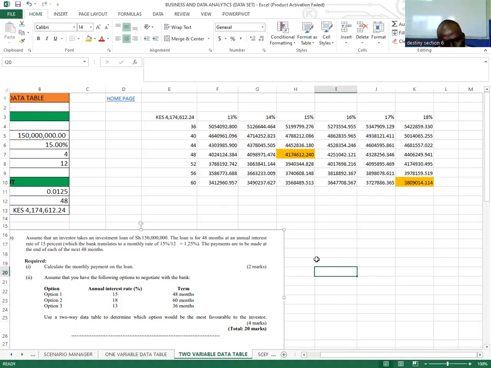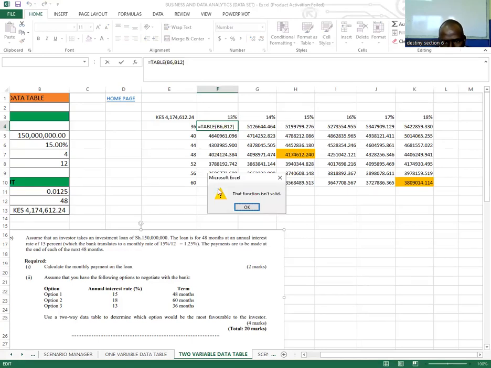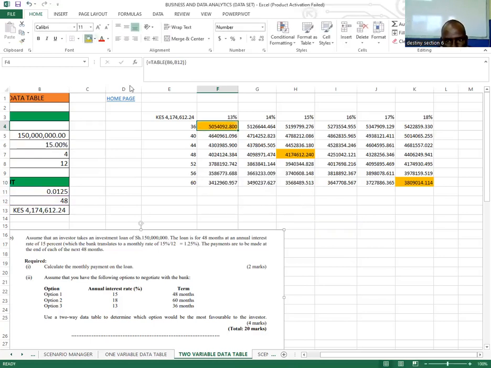And then the third option is 13, and then 36, which is this one. So it is just like that.